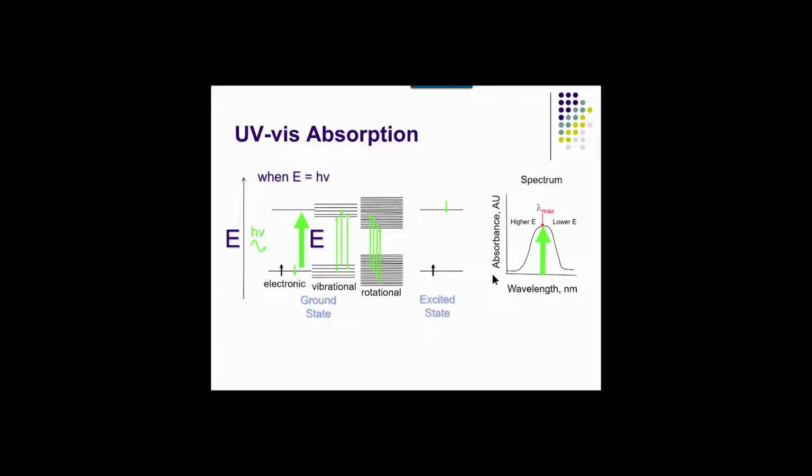A equals epsilon C L. Generally, we measure experimentally the absorbance at the peak of the band. We usually call the wavelength corresponding to this absorbance value the lambda max, or the wavelength of maximal absorbance for the compound. And I've highlighted this point in red on the spectrum shown at right.